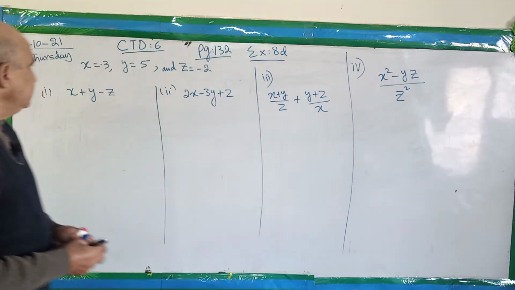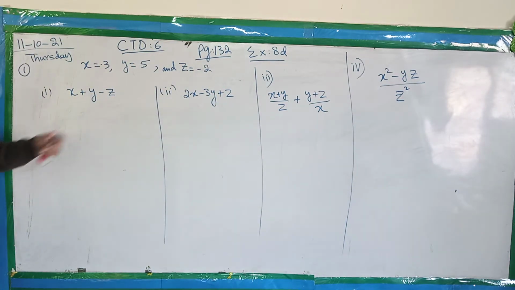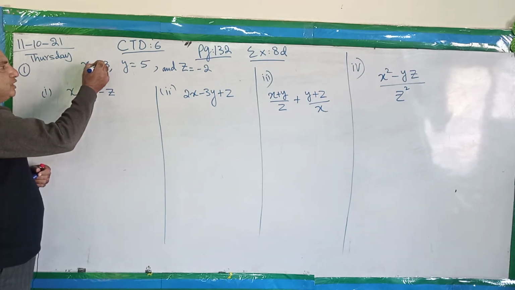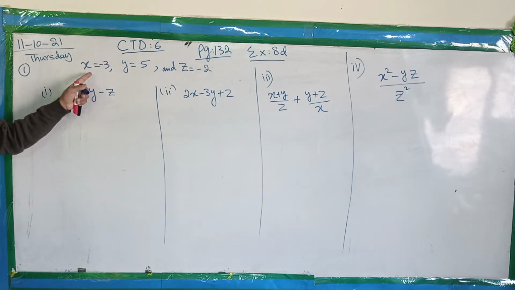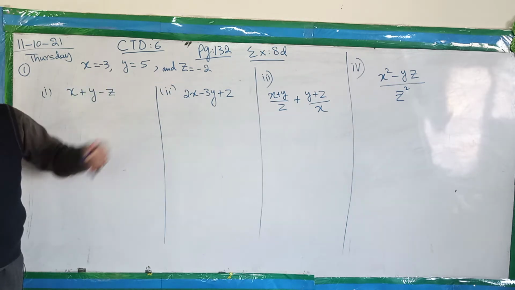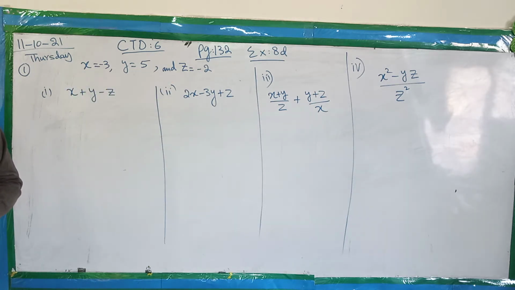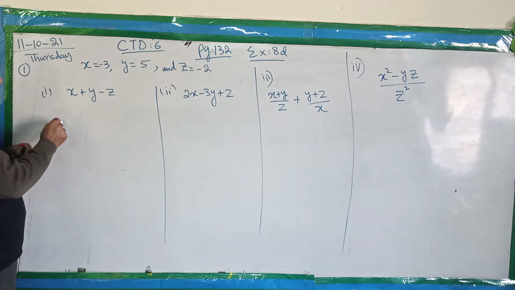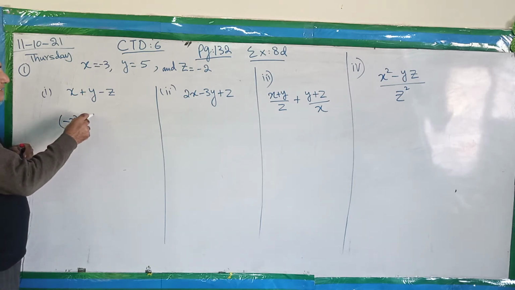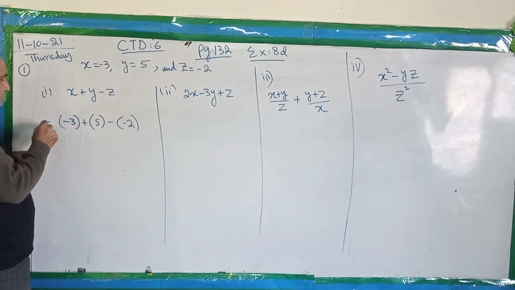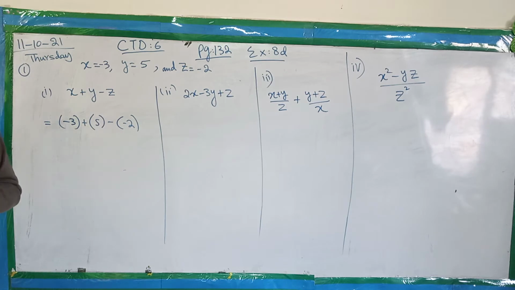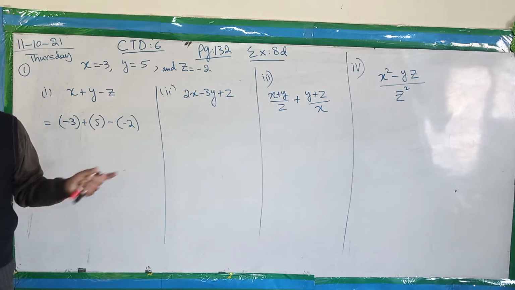Now look here, x plus y plus z. These are the variables, and we will change the values of these. The values of x, y and z are given here. We will just substitute the values: minus 3 plus 5 minus 2. The equation is given, right? So we have just substituted the values of the given variables.